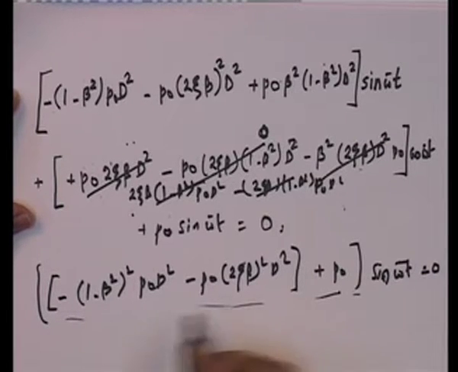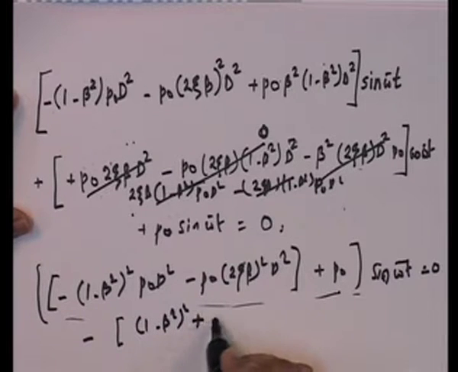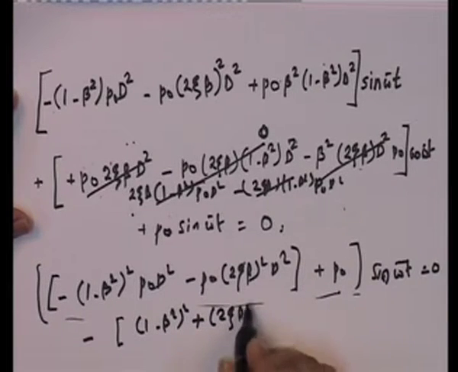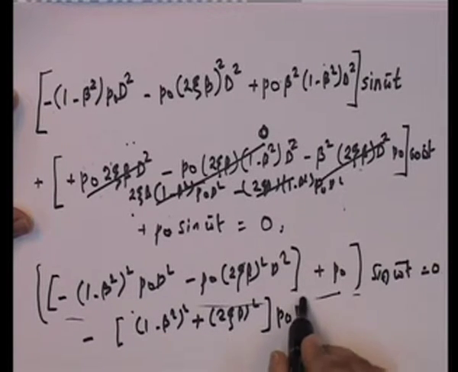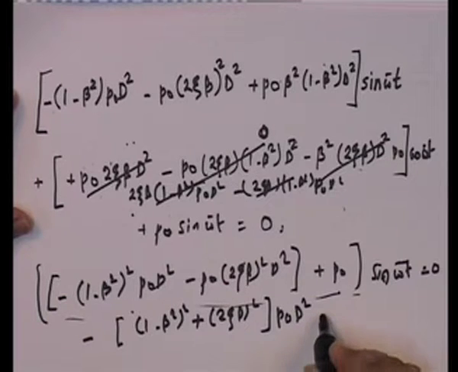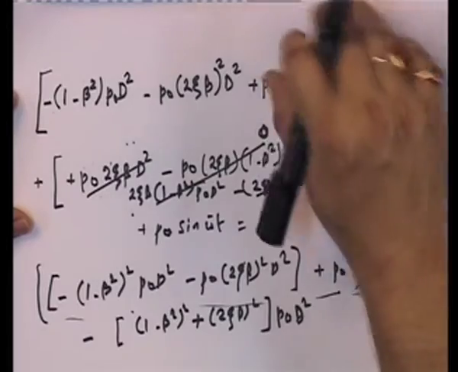This term basically becomes minus of 1 minus beta squared plus 2 xi beta squared, the whole into P naught d squared. Now, what is d squared? D squared is nothing but the square root of 1 upon 1 minus beta squared the whole squared plus 2 xi beta the whole squared.